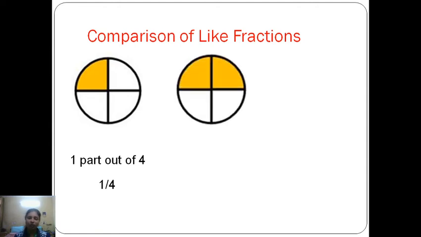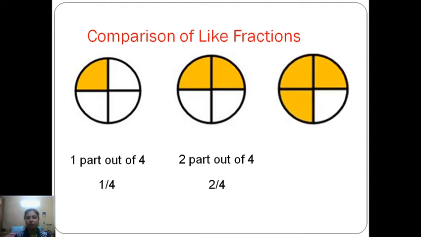Now we look at the second figure. 2 parts out of 4 are shaded, or we can say 2 by 4 of the circle is shaded. Now there is one more figure which is shaded 3 parts out of 4. So we can say 3 by 4 is shaded. Now these are like fractions because they have same denominator.